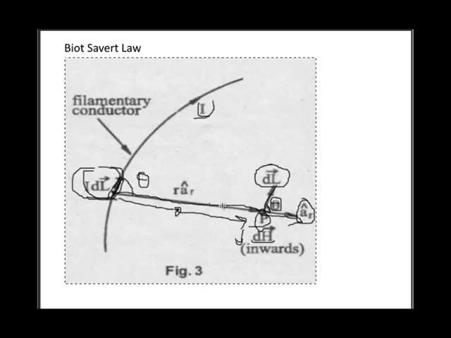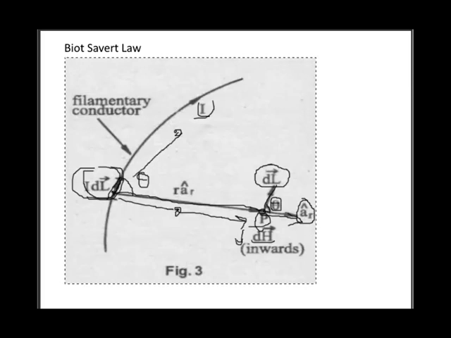And the third parameter of dependency is theta. If you take a point here whose angle is small, then the effect of magnetic field intensity due to this current filament will be less.